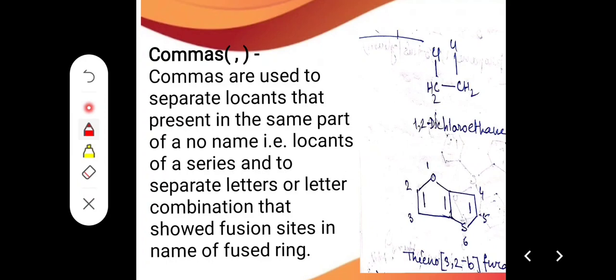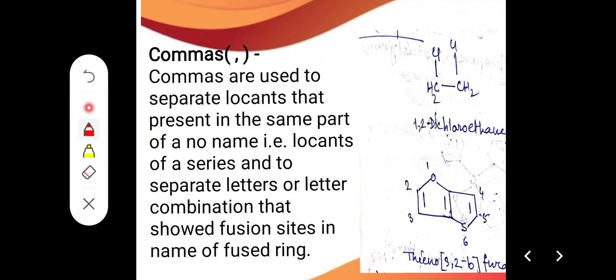Sometimes we see a semicolon, sometimes a hyphen, sometimes a comma. So these symbols are obviously important. We need not memorize them, but we need to write them because they have some significance.